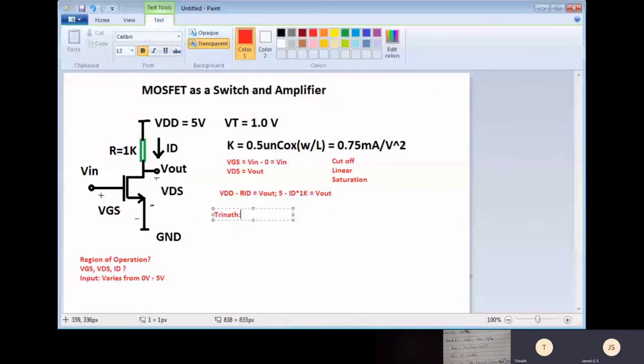Okay, first one thing is confirmed that VGS should be greater than VT, then it will be on. VGS value should be greater than 3 volts to be in saturation.